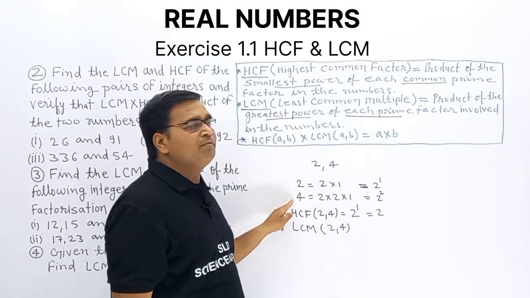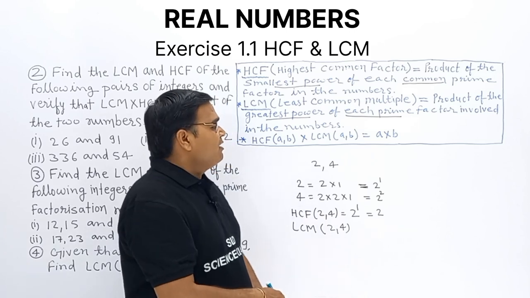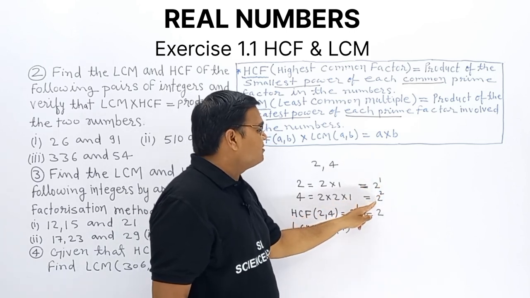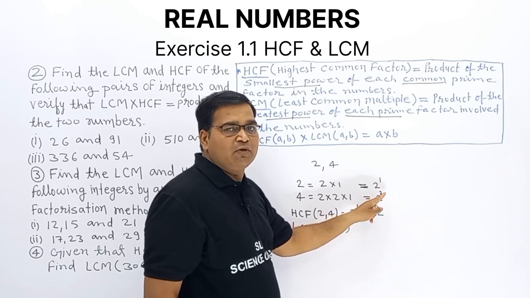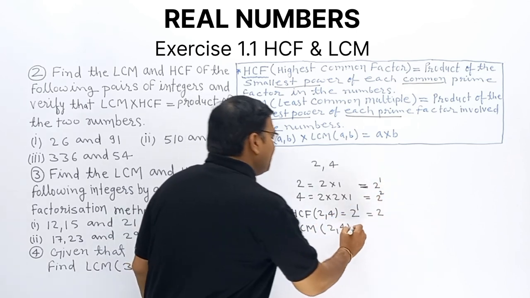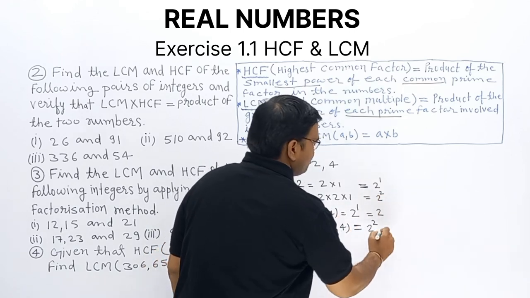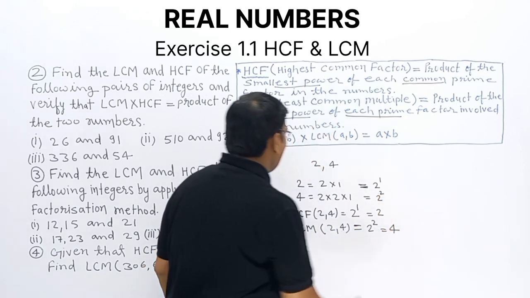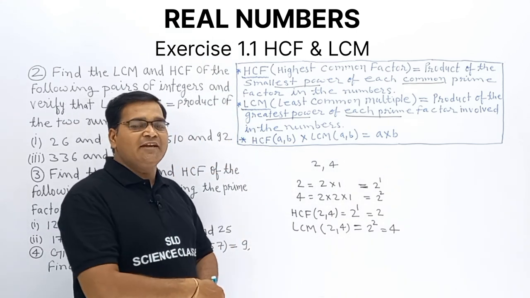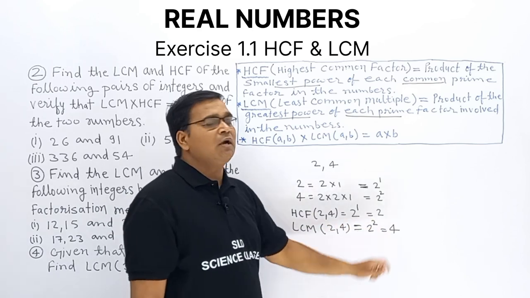In one number 2 has power 1, but in the other 2 has power 2. So we use the greatest power for the LCM, which is 2 power 2, so the result will be 4.